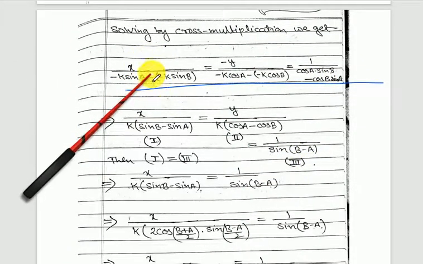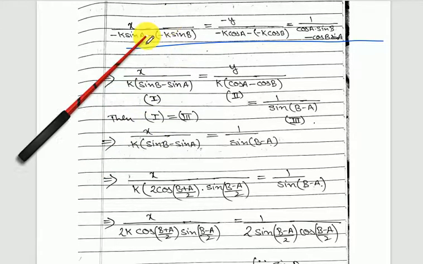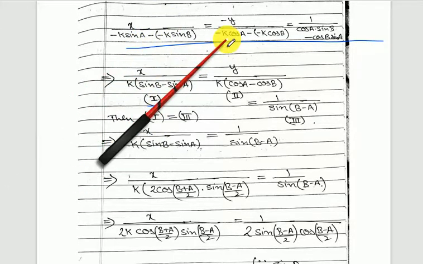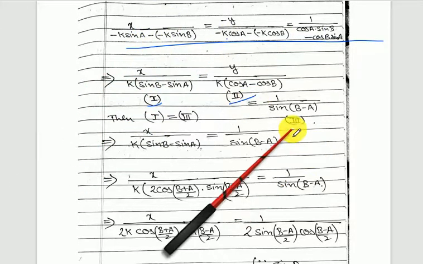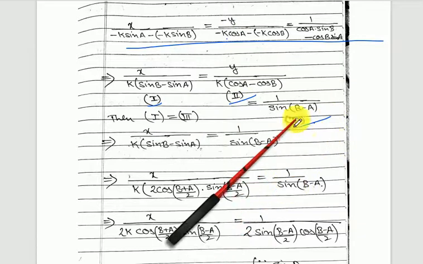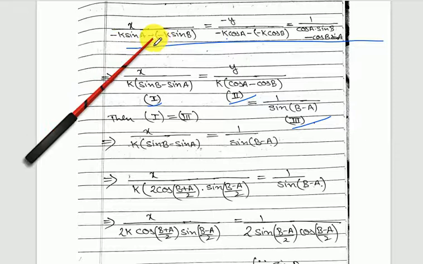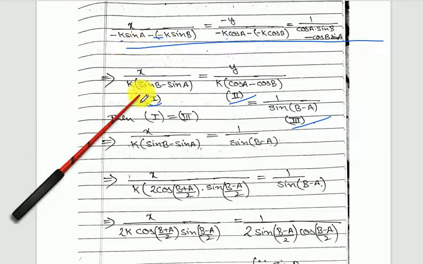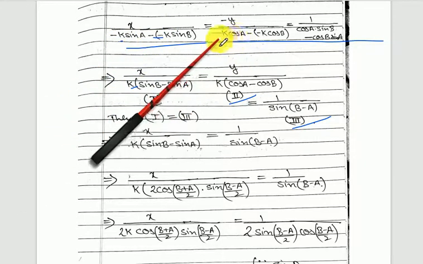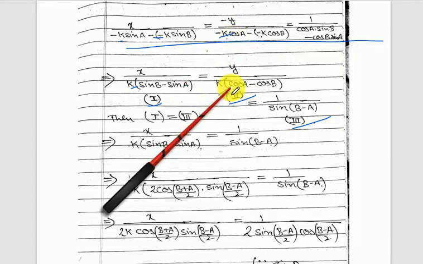Then I'm naming the first one as 1, the second one as 2, and the third one as 3. In the first one you can see that this becomes plus, and here k is common, so I got k. Here also I get k common, so k for the second one.